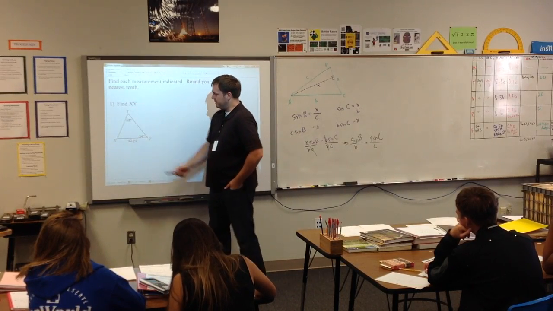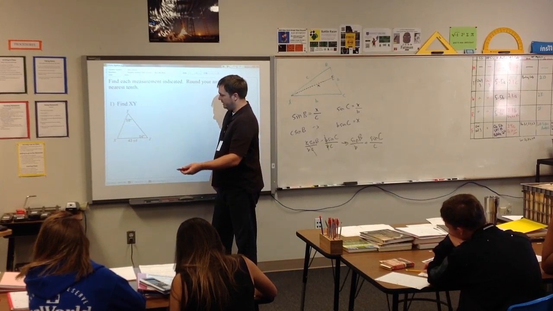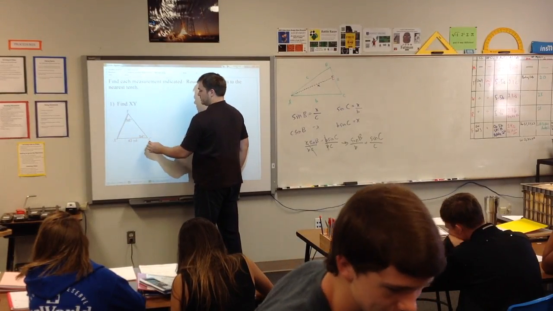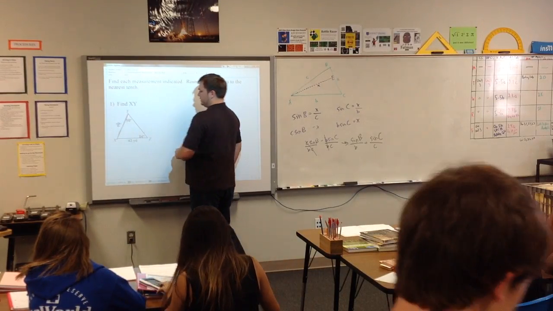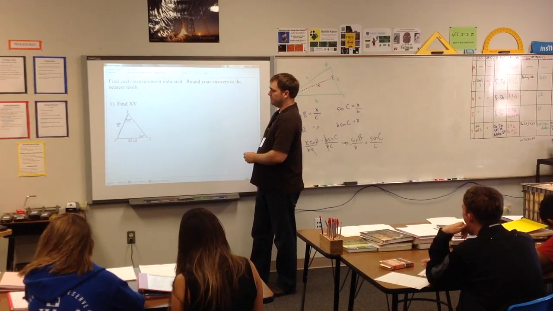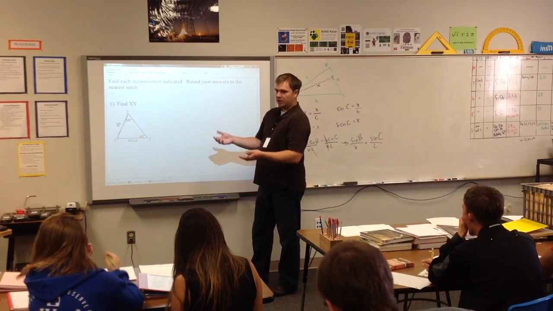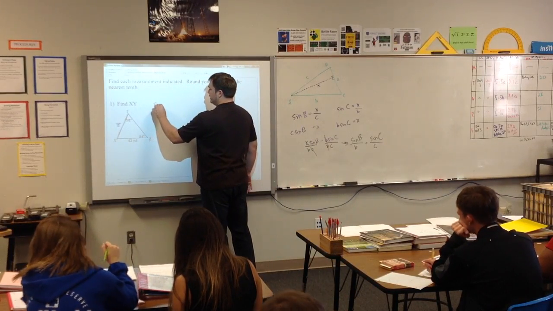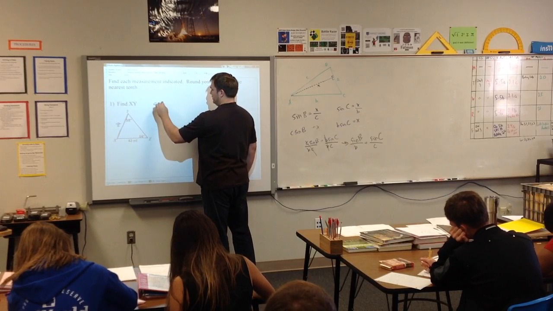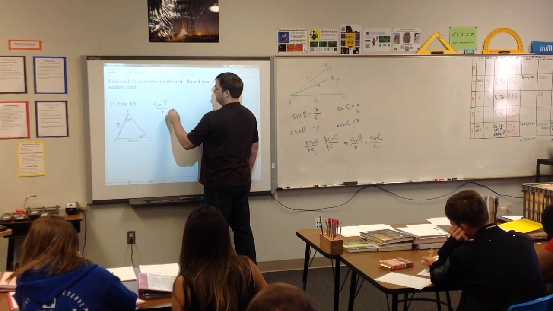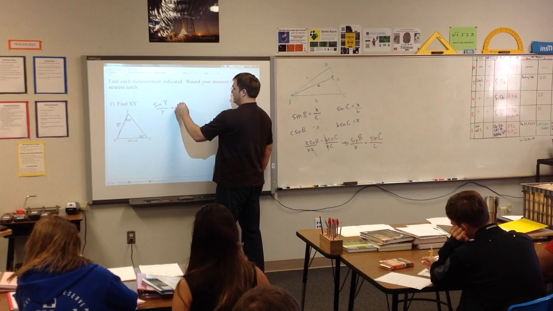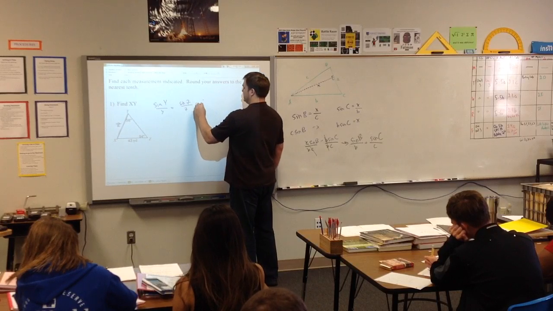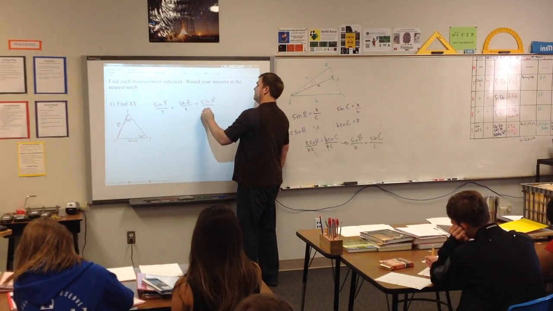All right. So seriously though, find x, y. Let's go ahead and give that a name just to make it a little bit easier. Since x, y here is across from z, we call it little z. Now, the law of sines written for this problem would say: the sine of y over little y equals the sine of z over little z, which equals the sine of x over little x.